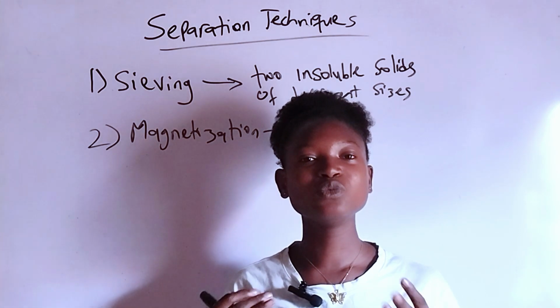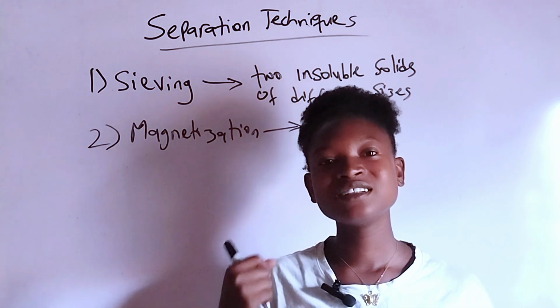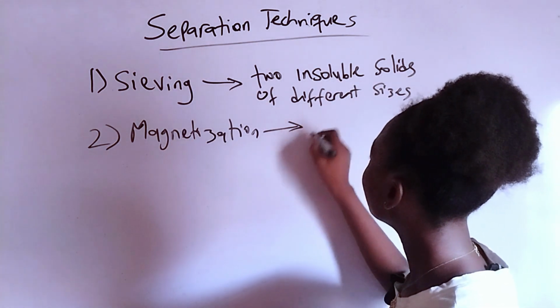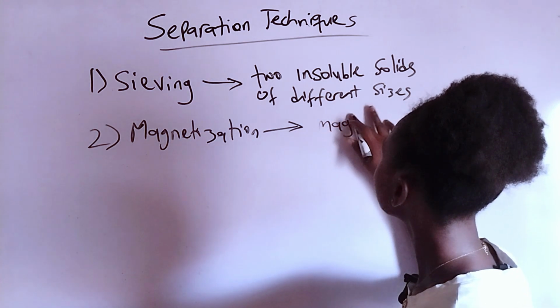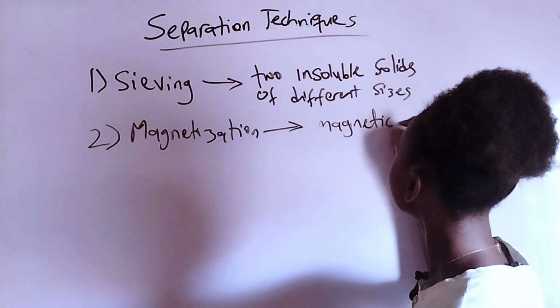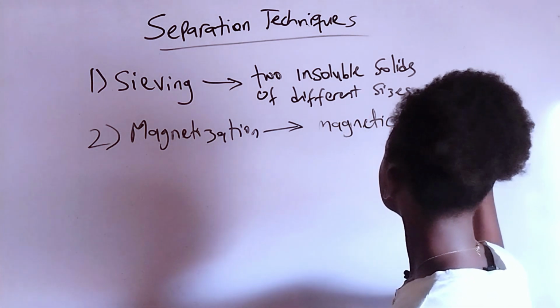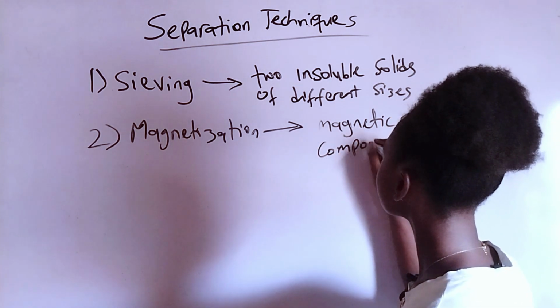In that case, we can use the magnetization method to separate out that particular component.